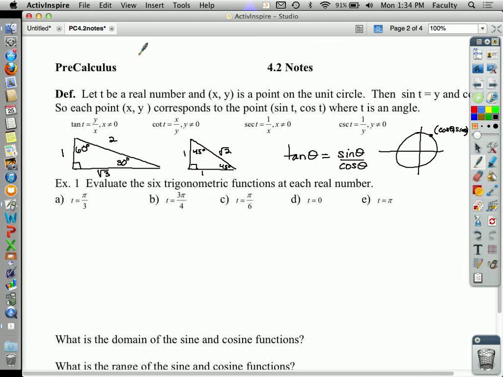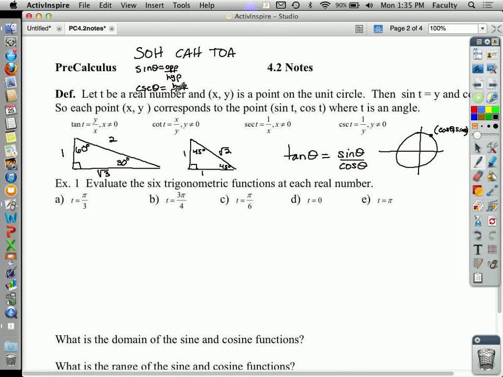Do you remember SOHCAHTOA? SOHCAHTOA is telling me about sine, cosine, and tangent. So if sine of some angle is opposite over hypotenuse, do you remember from last year, we have cosecant theta.